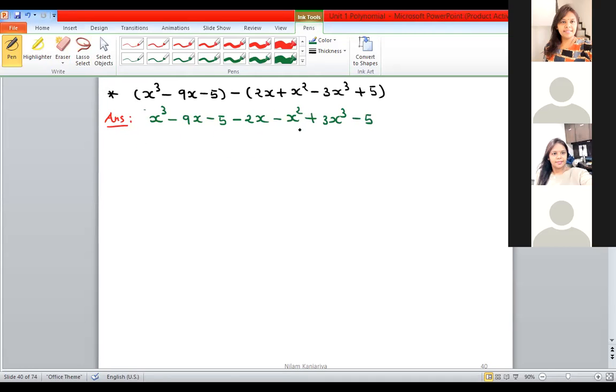Now simple, this is a single string. Now we can add the like terms and the non-like terms remain as they are. So first of all, start with the highest power. And your highest power is 3.